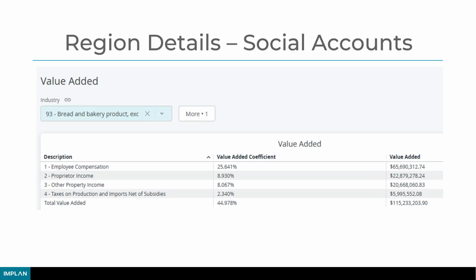Proprietor income, other property income, taxes on production, net of subsidies. Again, you can look at these at that industry level in the region to get an idea of what the bread and bakery product industry is generating in terms of taxes on production and net of subsidies. So we're looking at about $6 million in this case.